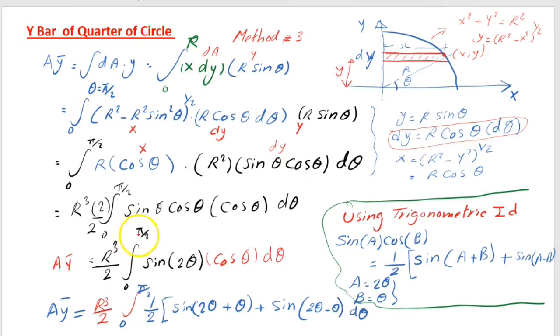Our integration this time starts from y equal to 0, where theta will be 0. And when the strip moves up until y equals capital R, the theta will become pi over 2. That's why we go from 0 to pi over 2.